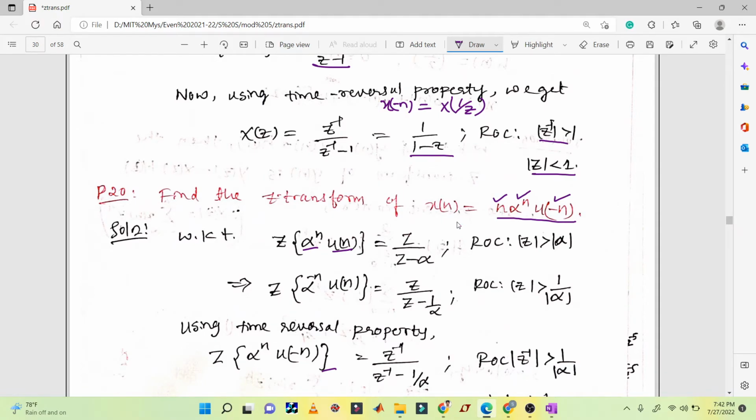Let me check the problem once again. It is alpha to the power n or minus 1.